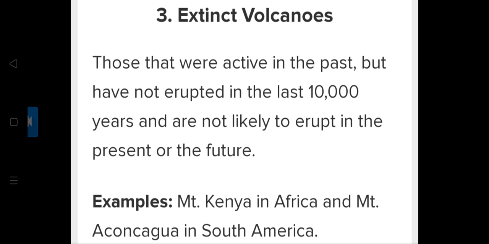Those that were active in the past but have not erupted in the last 10,000 years and are not likely to erupt in the present or the future. So you all can see how each of those volcanoes is defined and they have their own relevance, characteristics and examples allotted to them. Mount Kenya in Africa and Mount Aconcagua in South America. These three types of volcanoes are a part of the topic of volcanoes.